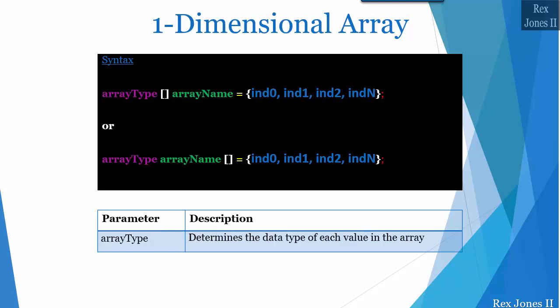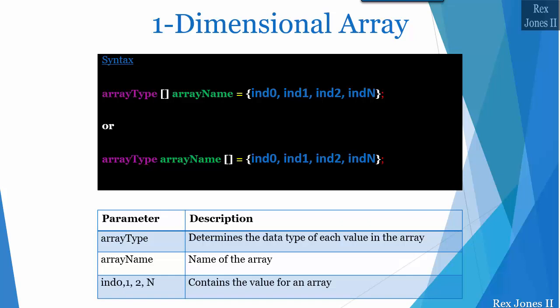Array type determines the data type of each value in the array. Array name is the name of the array, while index contains the value for an array. An index describes the position of an element. Notice the square brackets. We can add brackets before or after the array name.